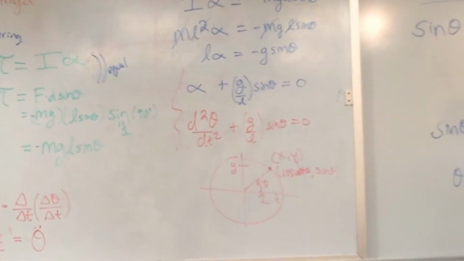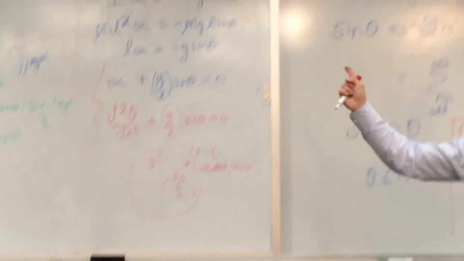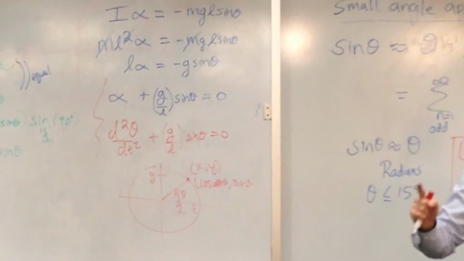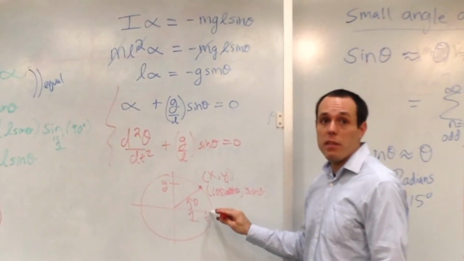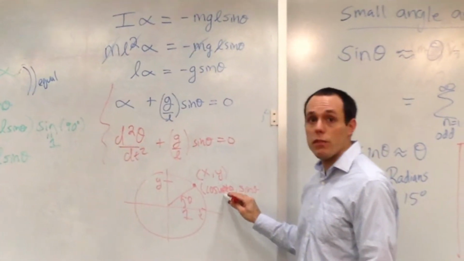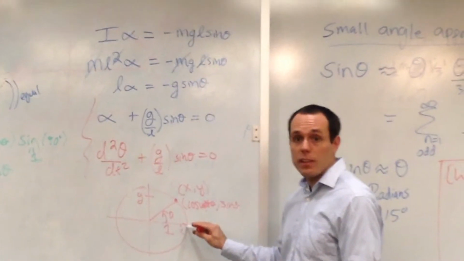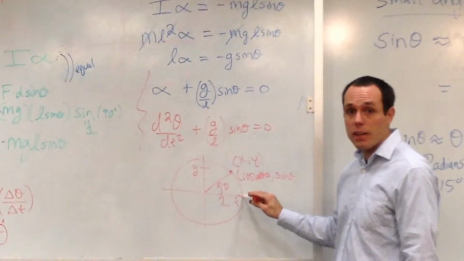So cosine and sine represent a complete revolution around a circle. Here at this position, this would be theta equals 0, and notice cosine of 0 is 1, that's x. Sine of 0 is 0, that's why it's here.